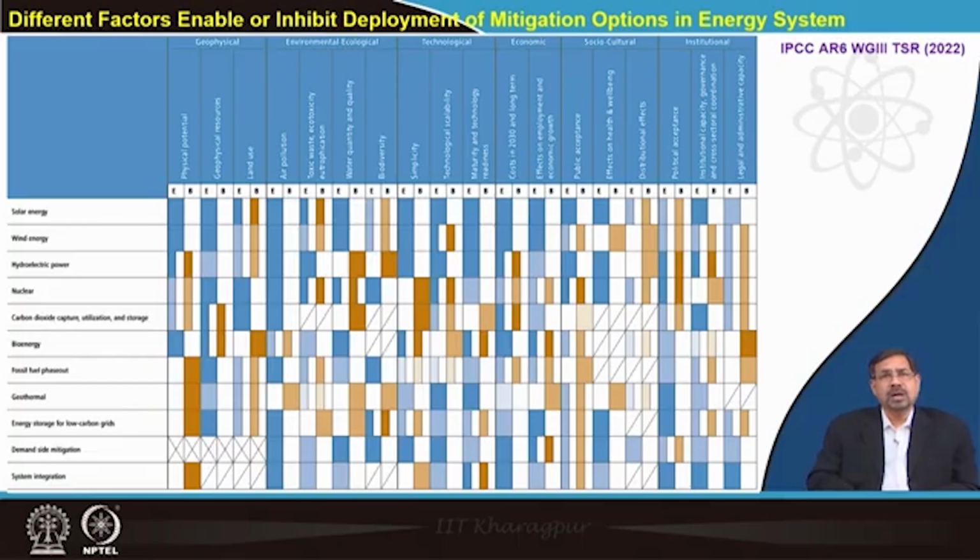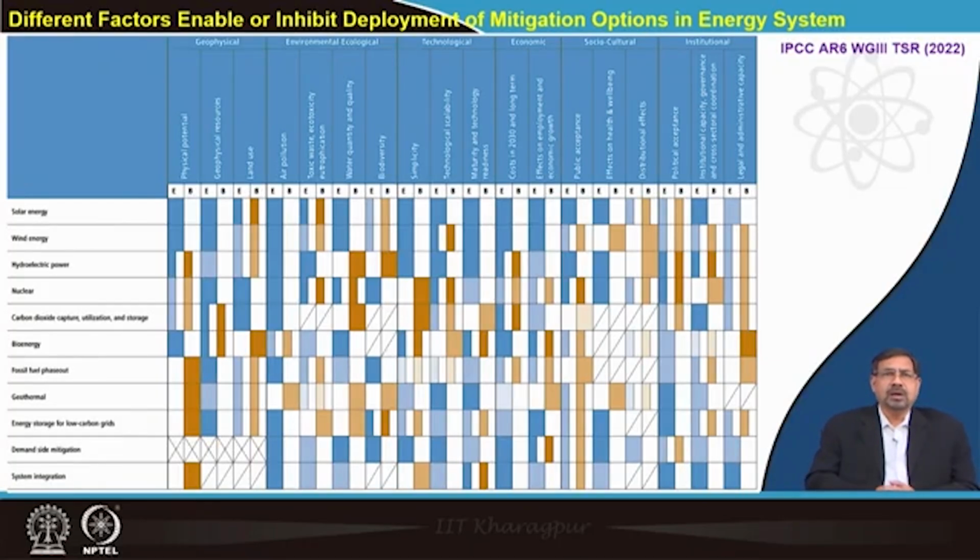Moving on to the matrix, on the upper side you can see all these 6 different matrices that we just discussed in the previous slide: geophysical, environmental and ecological, technological, economic, socio-cultural and also the institutional.